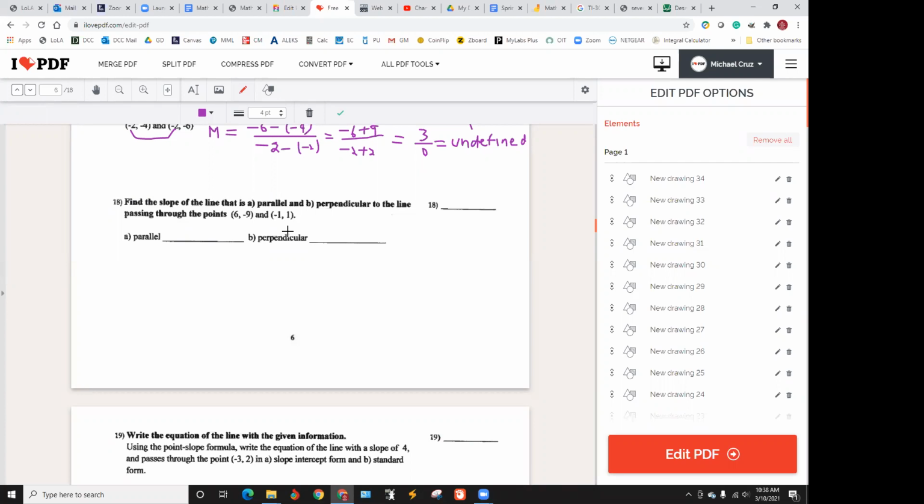All right, so I'm going to do this real quick. Since we already looked at a couple of slopes, I'm just doing this real quick so we can get the slope and just do the parallel and perpendicular thing.